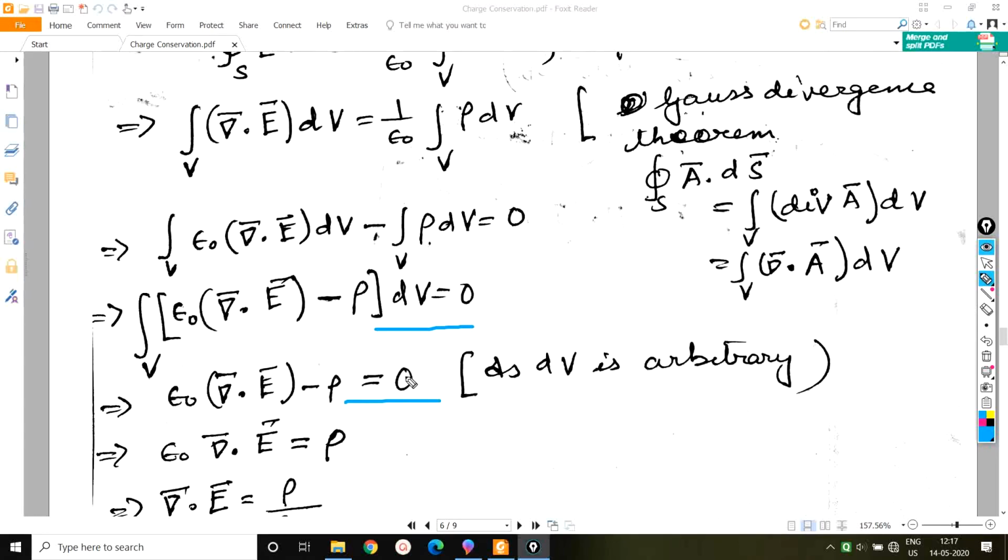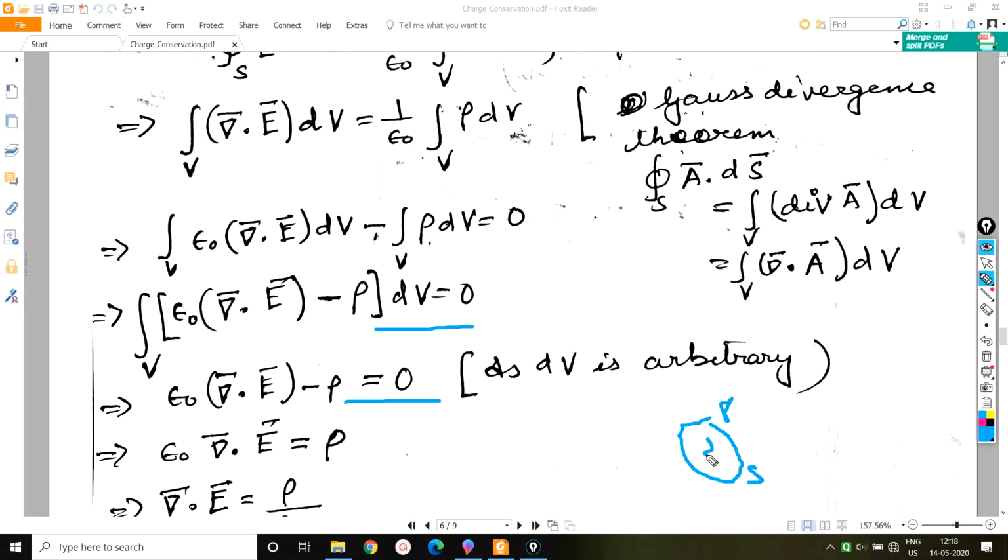So here we have written the volume integral of epsilon 0 del dot E minus rho dV equals 0. From there we have written epsilon 0 del dot E minus rho equals 0. How? The answer is we took a surface S which enclosed a volume V.